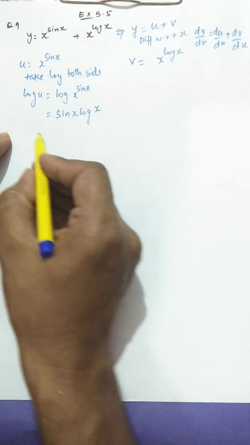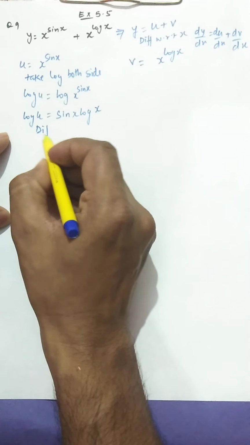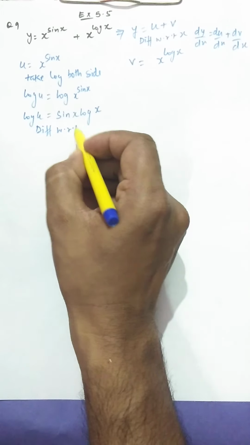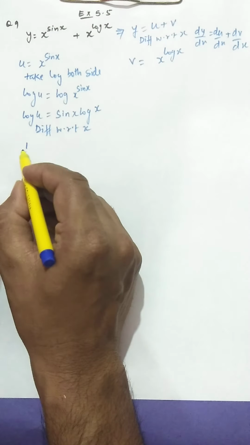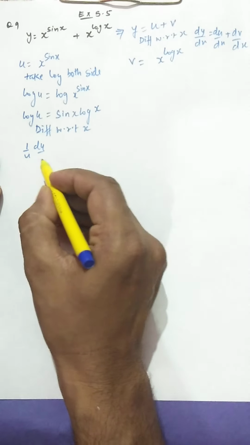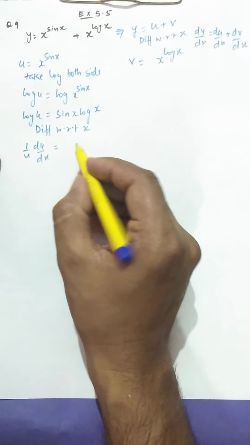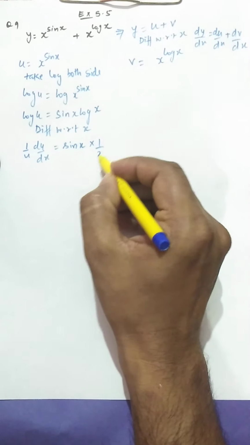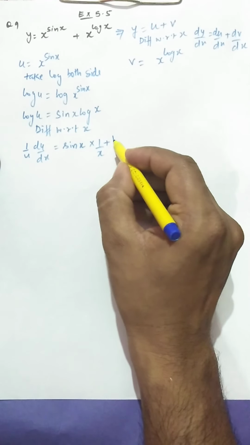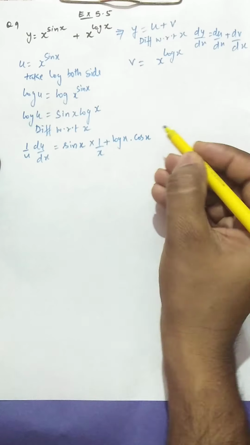So now we'll differentiate with respect to x. It will be 1 upon u du upon dx, and this will become this. You can see this is the product of two functions. I'm taking sin x as the first function, and then this is 1 upon x, and then log x, which will become cos x.